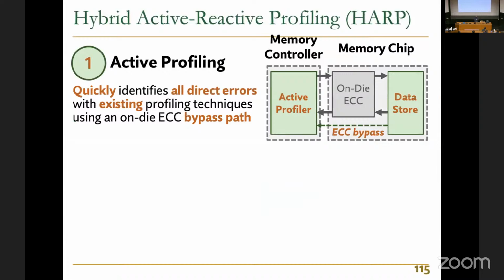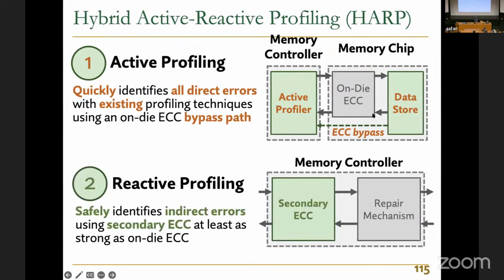And how we do it is, the first step is active profiling. So it quickly identifies all direct errors with existing profiling techniques using the on-die ECC bypass path. So you basically bypass the ECC and then observe the bit flips as they appear. And in reactive profiling, you also identify the indirect errors. Basically, you read the data after the ECC correction happens.